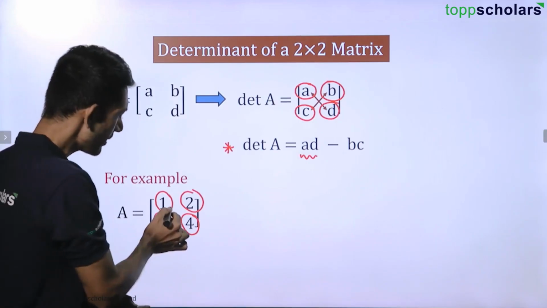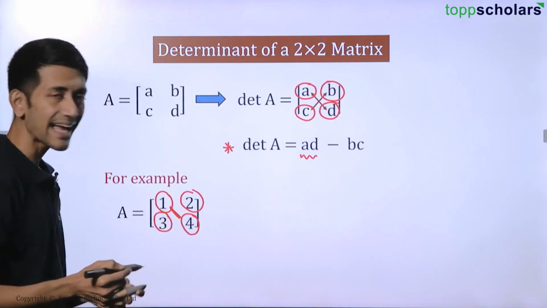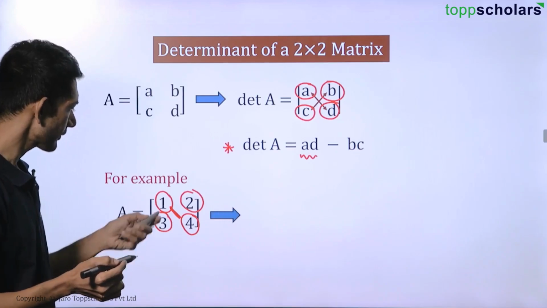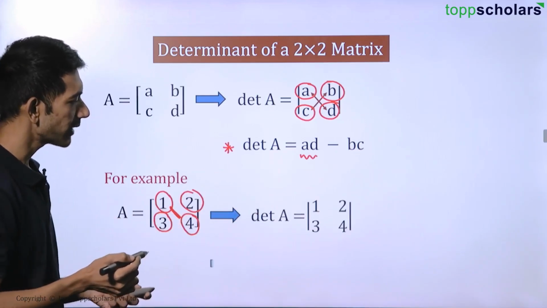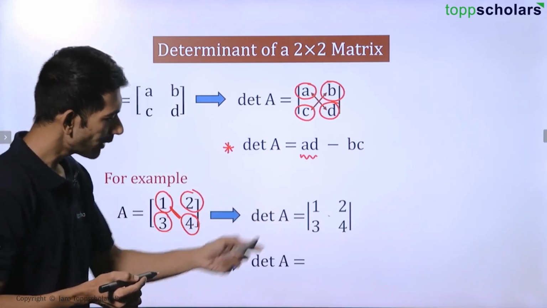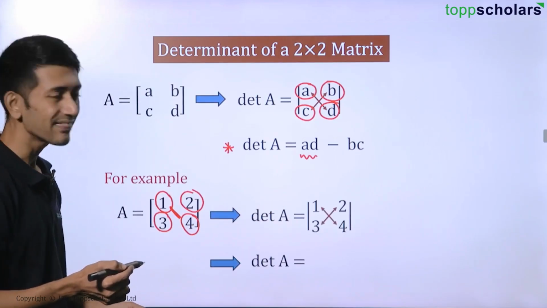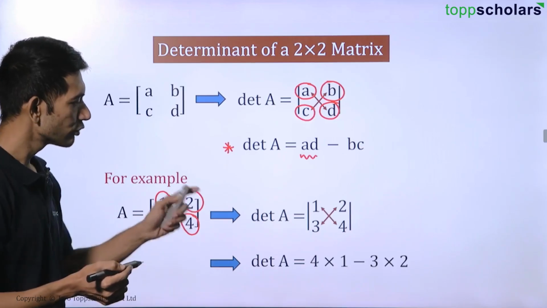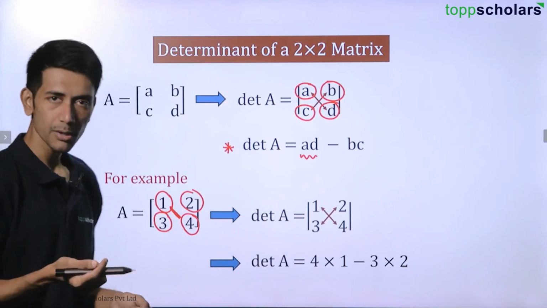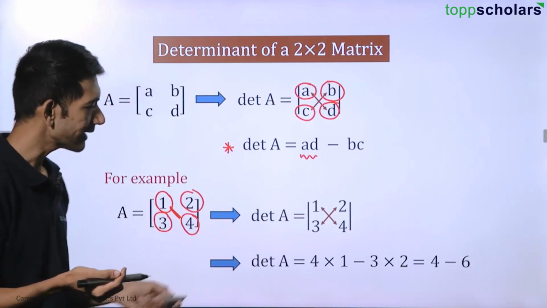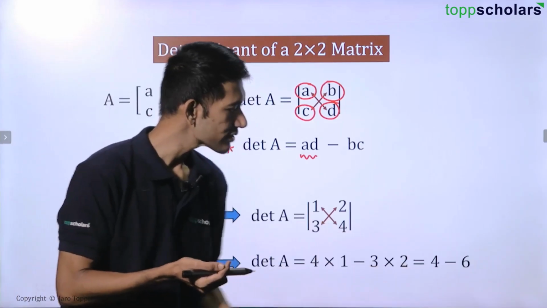Firstly, we will multiply the leading diagonal elements, right? So let us see how we are going to do that. The determinant of 1, 2, 3, 4 is given by, firstly, you multiply 1 with 4 and then 2 with 3 and subtract both of them. So 4 multiplied by 1 minus 3 multiplied by 2. 4 1s are 4, 3 2s are 6. So can I say the answer is going to be 4 minus 6, which is negative 2.